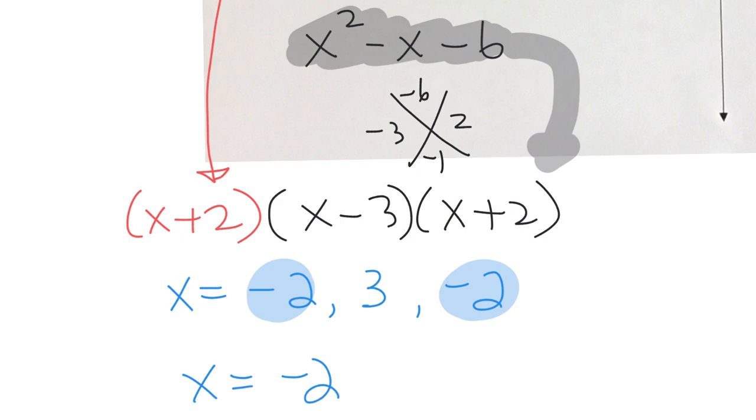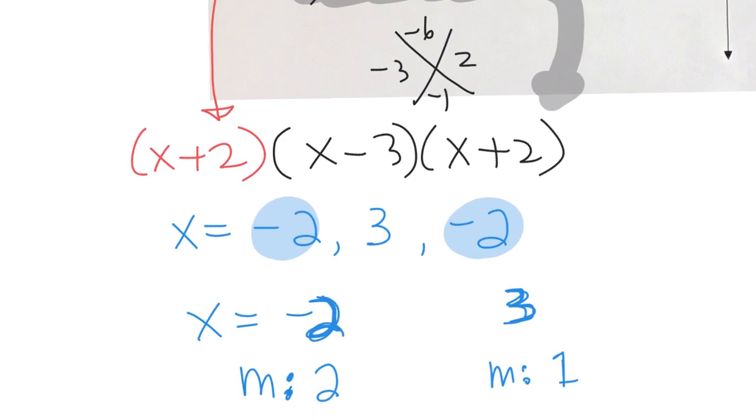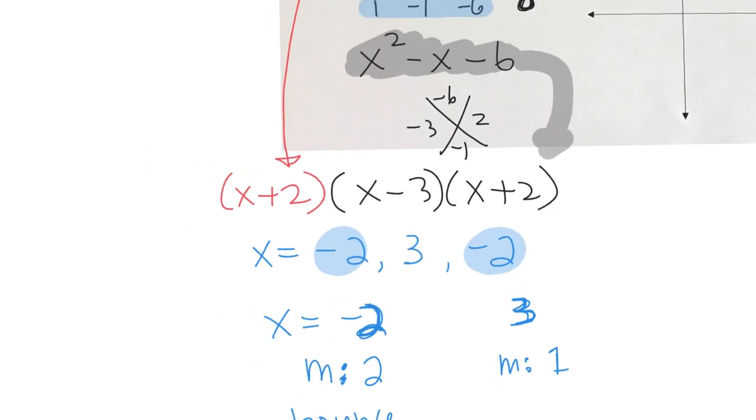Literally two of the same number. And 3 only has a multiplicity of 1. It's its own root all by itself. So this is going to tell us that at -2, the graph is going to bounce, and at +3, the graph is going to cross. We have -2 repeated twice, so we have a multiplicity of 2.